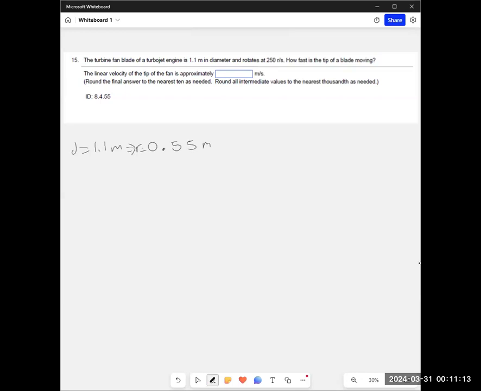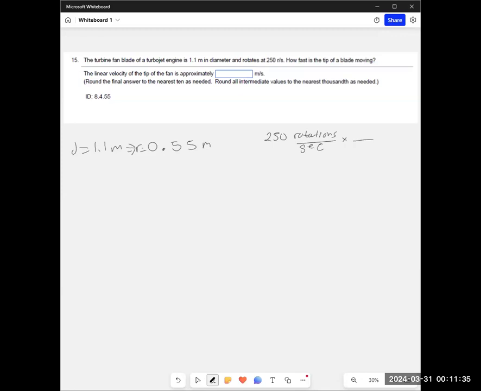And then our rotational velocity right now is 250 rotations per second. That's really fast.